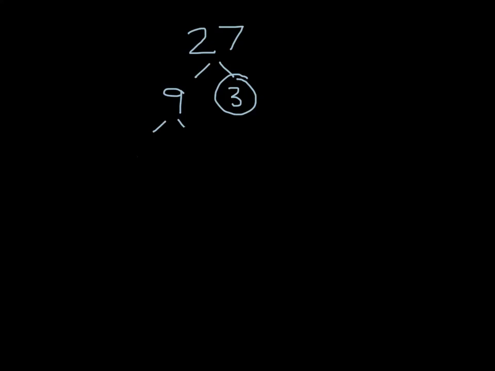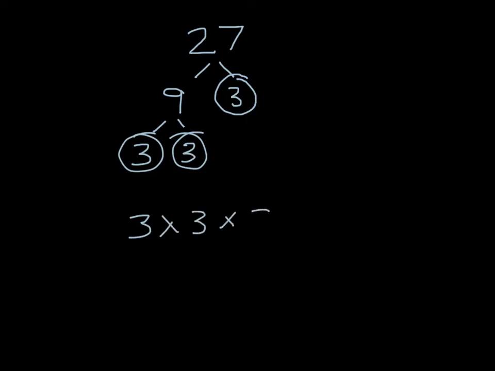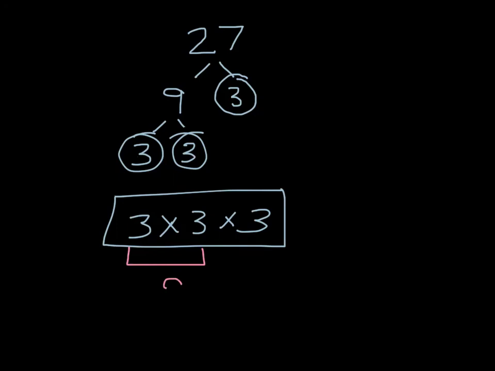Okay, so let's break down 9 into 3 times 3, and those are both prime, so let's circle them. And so here we go. The prime factorization for 27 is 3 times 3 times 3. And again, we should check our work. So I could multiply 3 times 3, and that's 9.